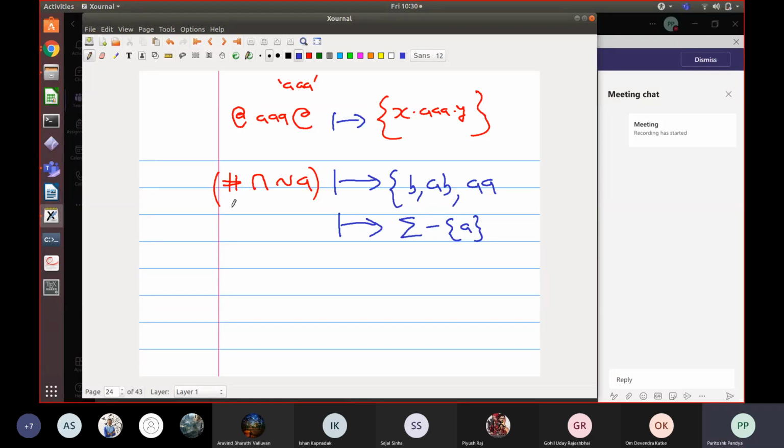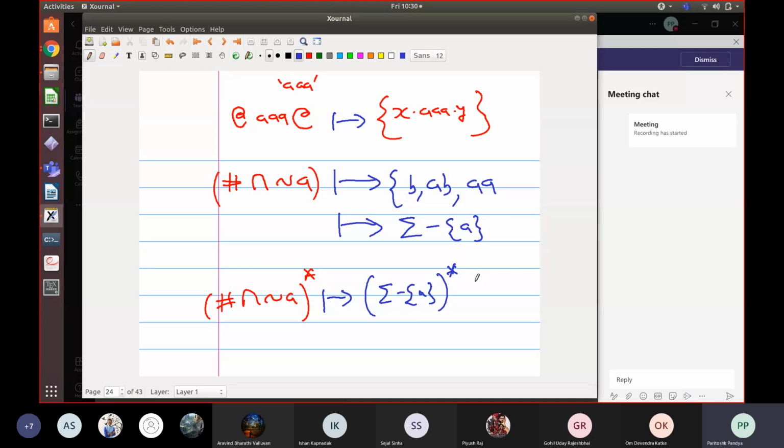Do you see this? And so if I now apply star to this subexpression, what will I get? I will get sigma minus A star.